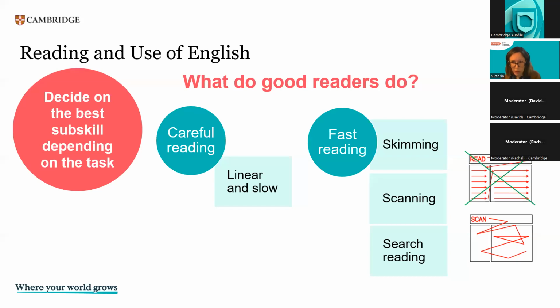Scanning: reading quickly to try to identify specific information, specific data. And then search reading, which is also reading quickly, but trying to identify areas where a topic is being discussed. Okay, so the combination of both, being able to know when to use which one, is probably the key.